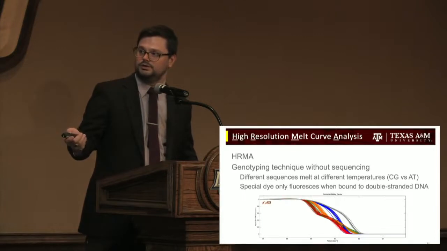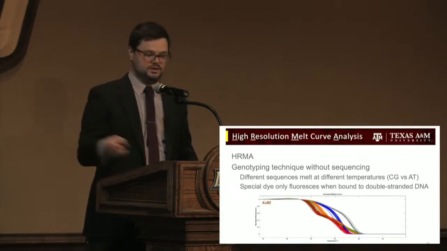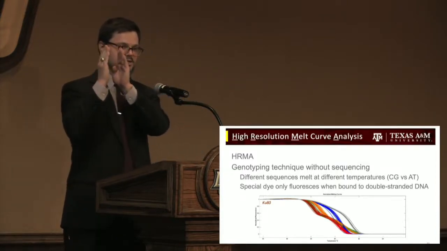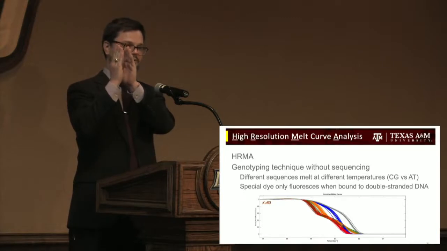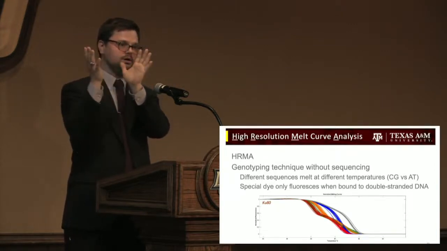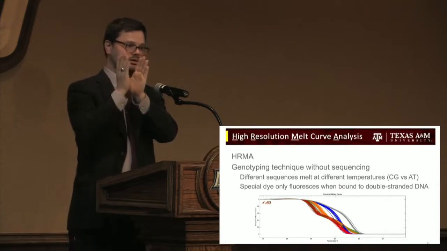There's also a special dye that only fluoresces when it's bound to double-stranded DNA. When you have an intact strand, the dye is attached to double-stranded DNA and it's fluorescing. As the temperature increases, it melts and the strands come apart based on the sequence and the number of hydrogen bonds.